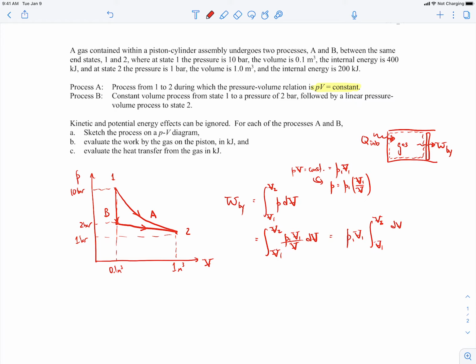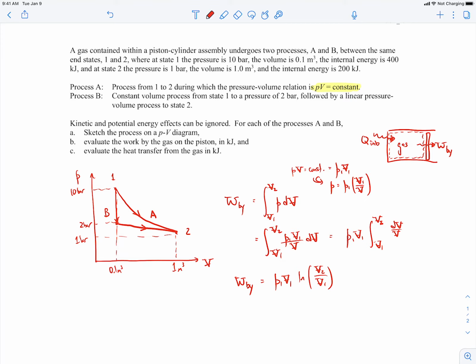So this will just be an integral of dV over V, which is a natural log. So in the end, this will look like the following. So that's the work done by the gas on the piston for process A.